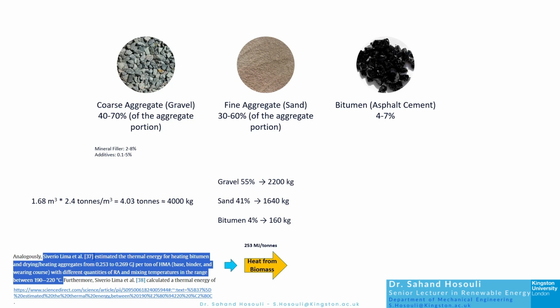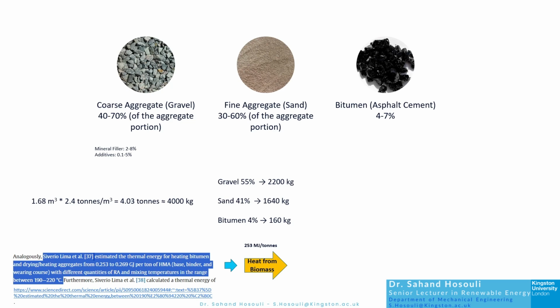So this is a general idea. However, in my case, what I'm trying to do is define my system boundaries and my inputs to the system. As I mentioned before, I'm dealing with 4 tons of asphalt mixture, which is around 4,000 kilos. And I'm not going to consider the mineral fillers or additives in this case. So I'm going to have only gravel, sand, and bitumen.